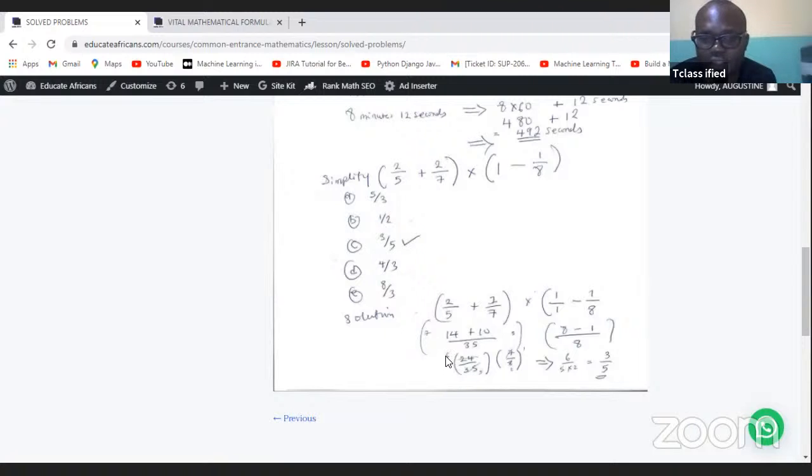So now we have 6 up and 5 and 2 down, so 6 over 5 times 2. Then 6 divided by 2 is 3, so we have 3 over 5. That makes option C the right answer.